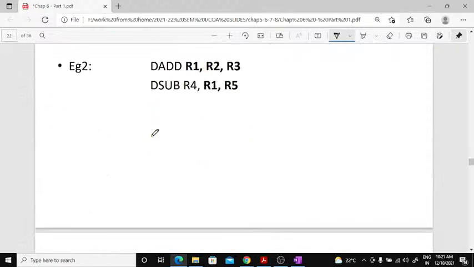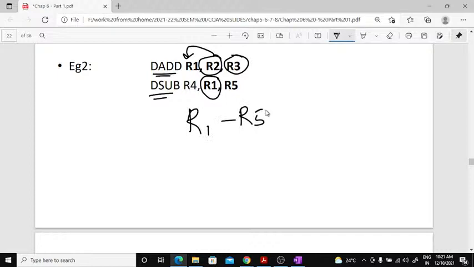So here it's a double add and double subtract instruction. Here R2 R3, store the result in R1, and this is dependent, because subtraction requires the R1 value, R5 value, and stores in R4.